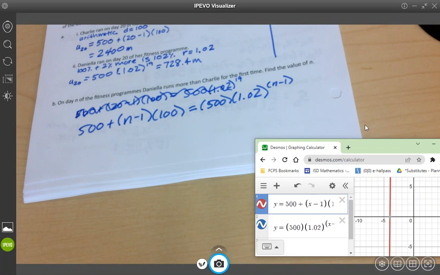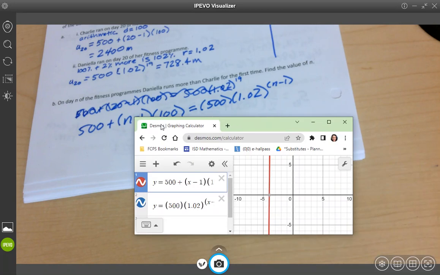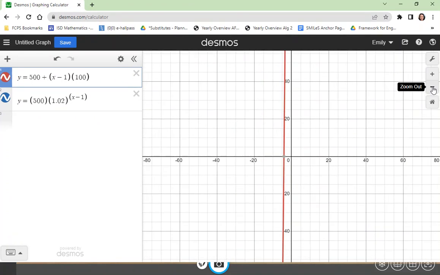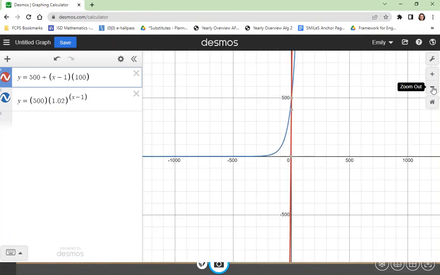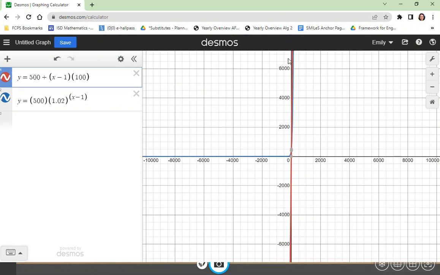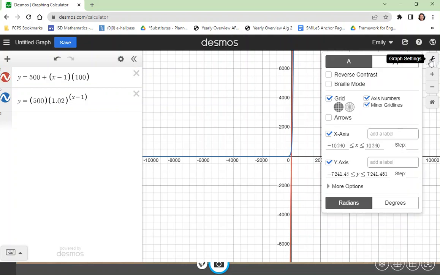Okay, it doesn't look like much. I only see the red one. I don't even see the blue one. You can zoom out a bit. You can zoom out a lot. But it's still kind of hard to see. Turns out what we're looking for is a point that's way up here. So to see that point, change your graph settings and make your y's go up to 20,000.